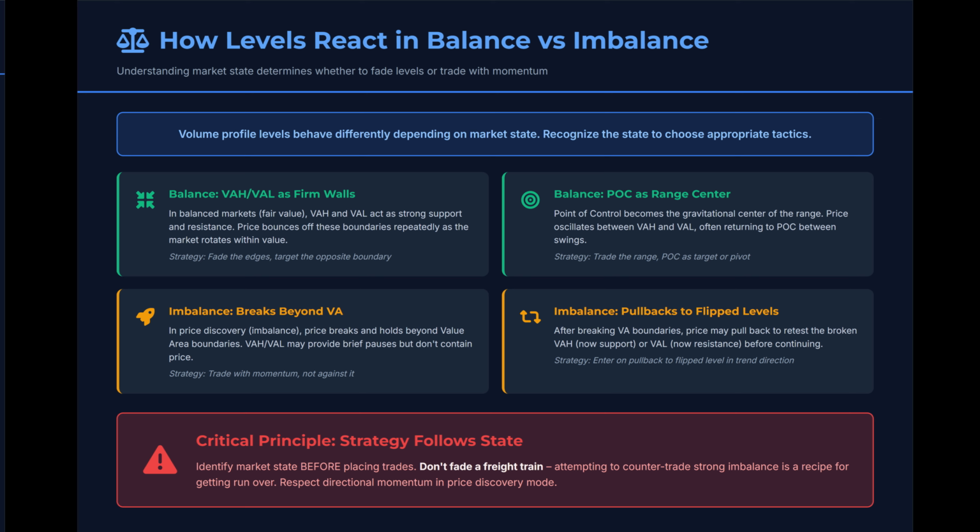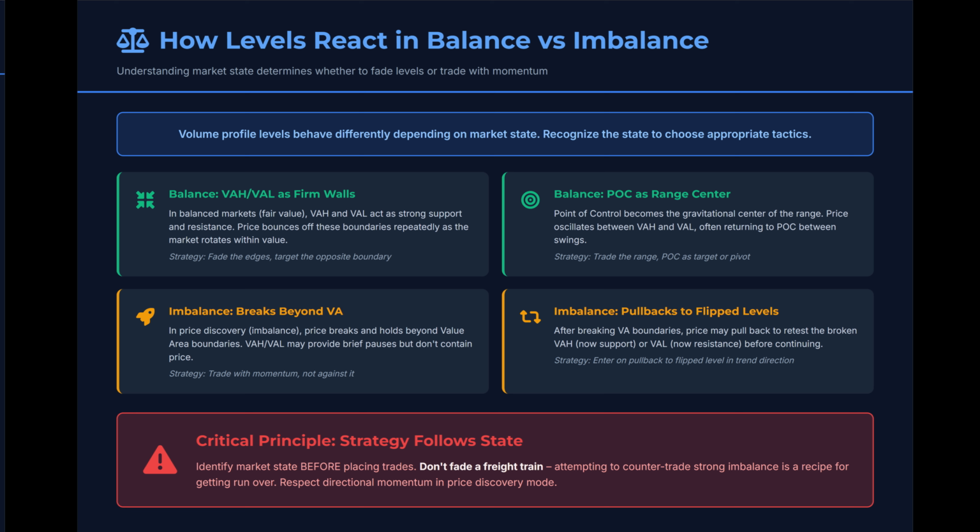Your tactical approach during balance is to fade the edges and target the opposite boundary. When price pushes up near the VAH and shows rejection signals, a strong wick, a reversal candle, or simply failure to hold above, you take short positions targeting the POC or the VAL on the opposite side.